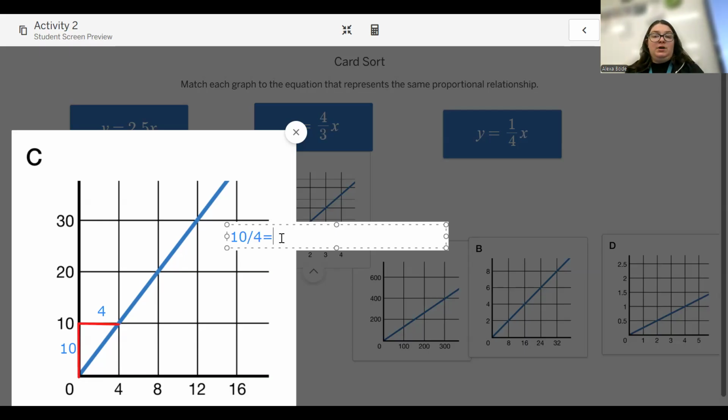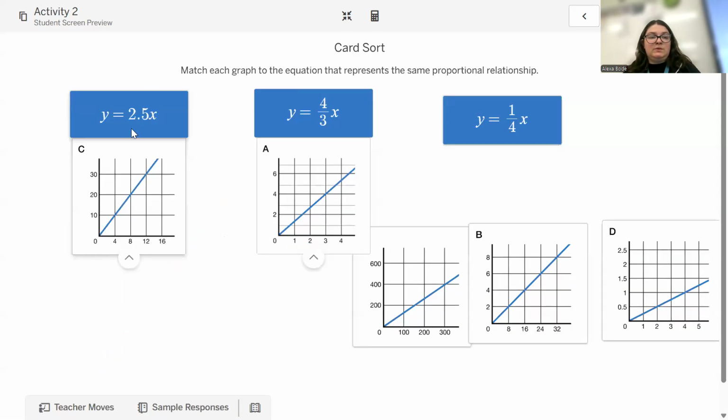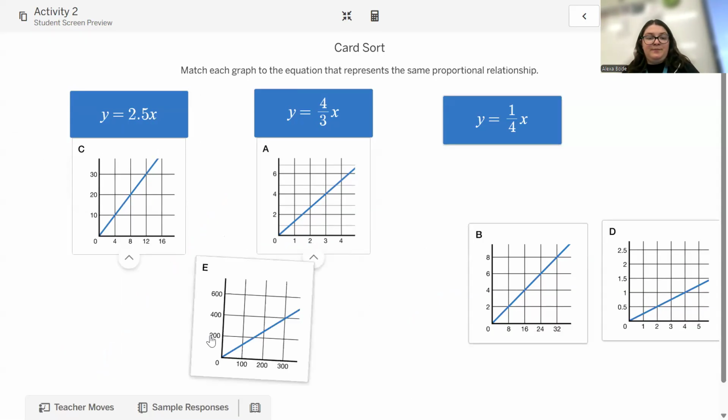It simplifies down to 5 over 2. Or if I'm looking at the decimal version, if I put 5 over 2 in a calculator, that would give me 2.5. So the slope of this line is 2.5. So C goes to this equation where the slope is 2.5.